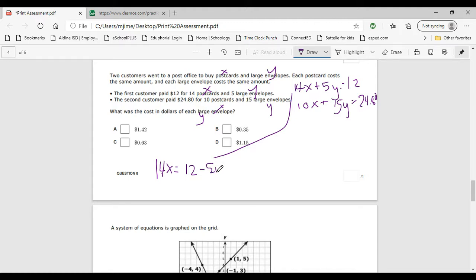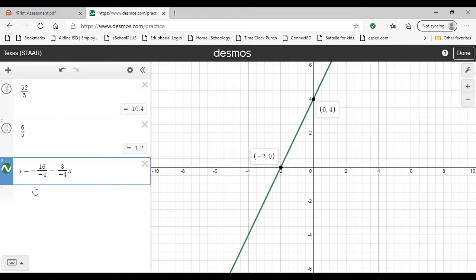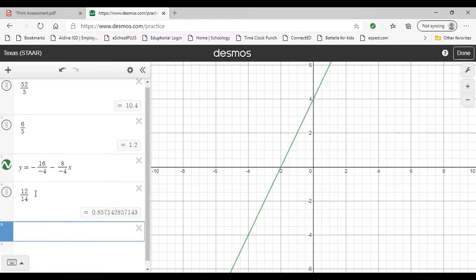All right, we're going to divide everybody by 14. Okay, let's see if we can put this into decimals. If not, we're going to have to leave it as fractions. 12 divided by 14 has a large decimal, so we're going to leave it like that.